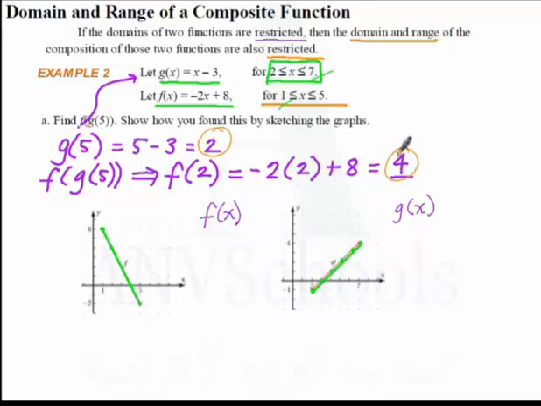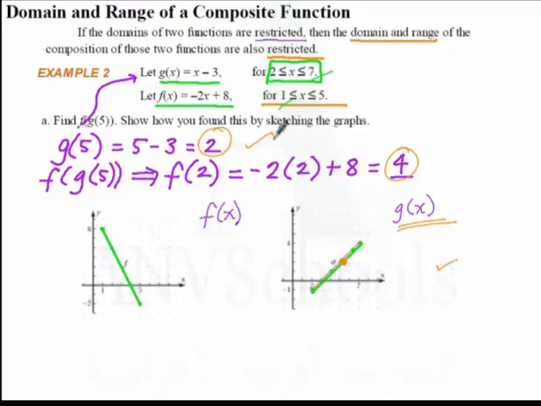So our g of 5 here is equal to 2. What is our g of 5? This is our g of x. So our g of 5 is here, and it is equal to 2, which confirms what we have done here.